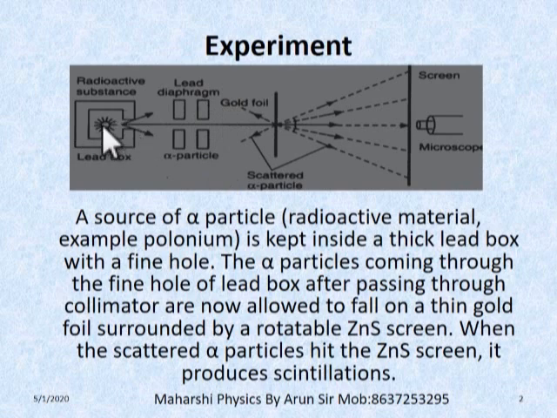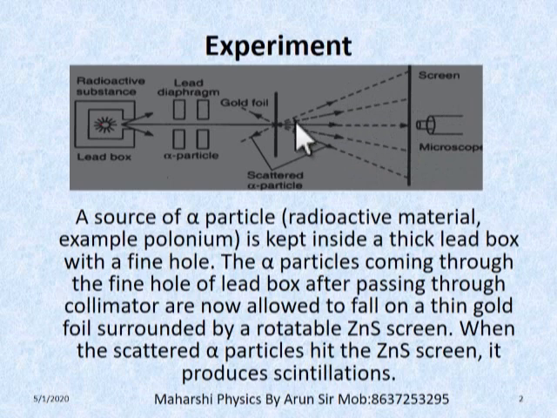Here the radioactive substance is taken inside this lead chamber having a very fine opening, and the alpha particles emitted by this radioactive substance are allowed to be incident on this thin gold foil after passing through these collimators. Clear? And after passing through the gold foil, the ejected alpha particles are detected with the help of this microscope or this detector. Clear?